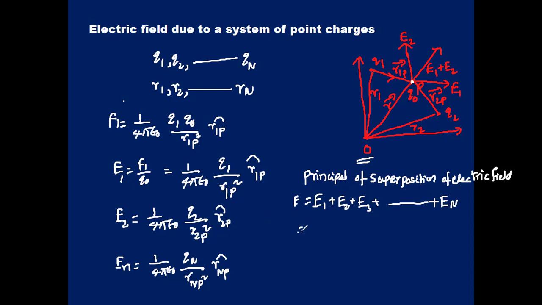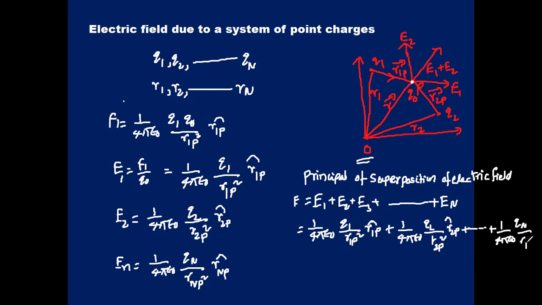So we can write E is equal to 1 by 4 pi epsilon naught into Q1 by R1P square into R1P cap plus 1 by 4 pi epsilon naught into Q2 by R2P square into R2P cap plus so on, the nth electric field 1 by 4 pi epsilon naught into Qn by RnP square into RnP cap.